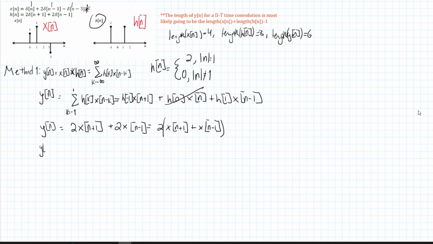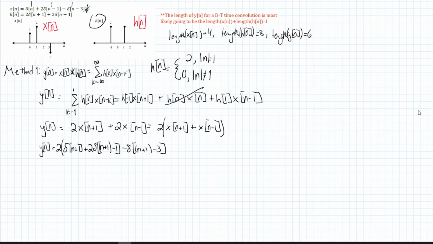So we get y of n equals 2 delta of n plus 1 plus, now the second one, which is 2 delta of n minus 1. So then we have 2 times delta. And remember, we have to change out this n, so we have n plus 1 minus 1, minus delta of n plus 1 minus 3.